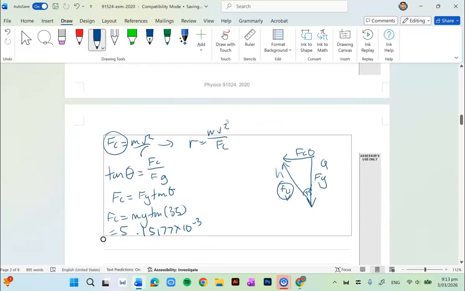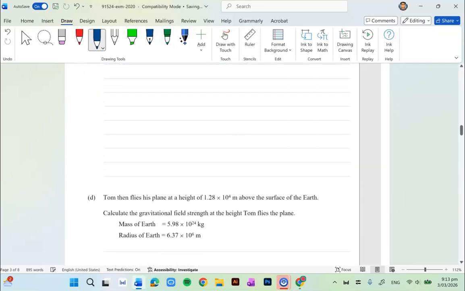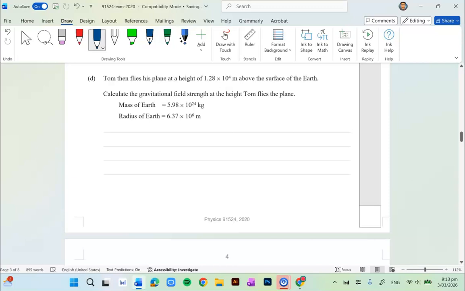So I've got a radius of 424.51, so R equals 425 meters. Cool, I don't know if that's right or not, but we've got to keep going.